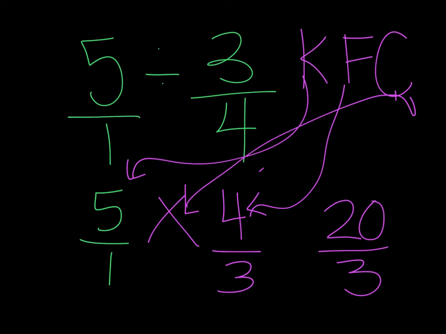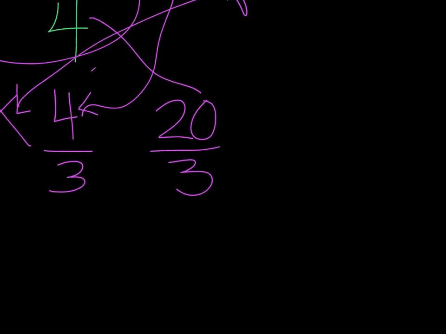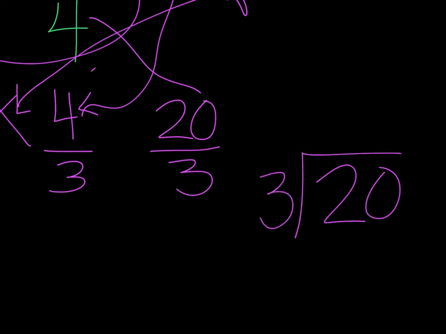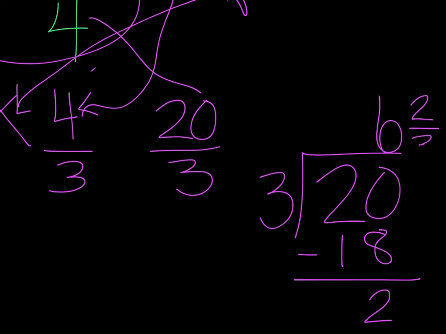All right, so I'm going to say 20 divided by 3. 3 can't go into 2, but can 3 go into 20? Yeah. How many times? 6. Very good. 6 times 3 is 18. Subtract. You have a 2. 6 2/3. Okay? 6 2/3.